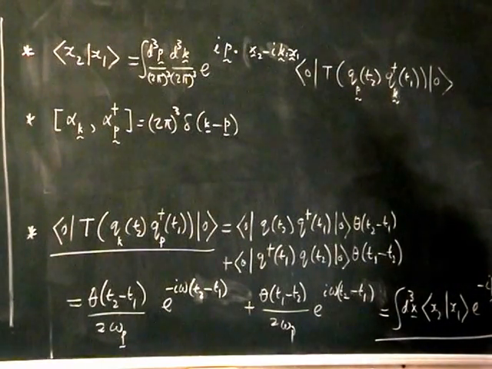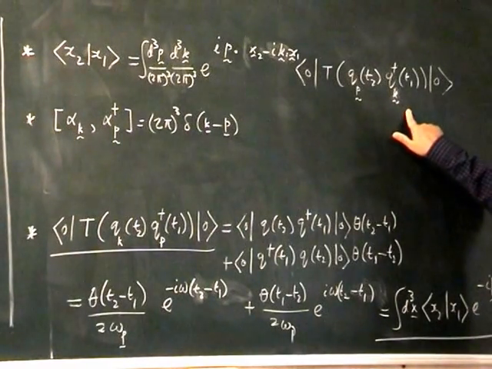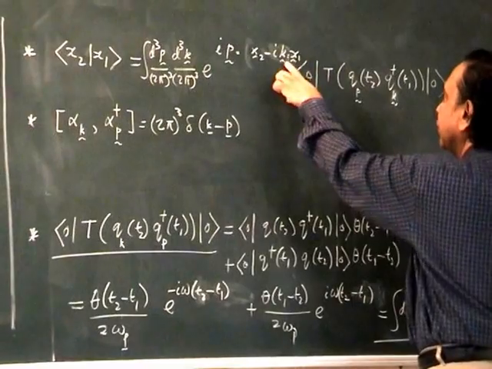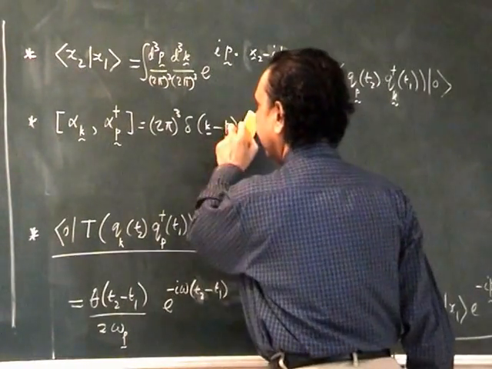What you have got here is these qk's and these qp's, and you have e to the ip dot x2 and e to the minus ik dot x1. It looks very natural to combine.